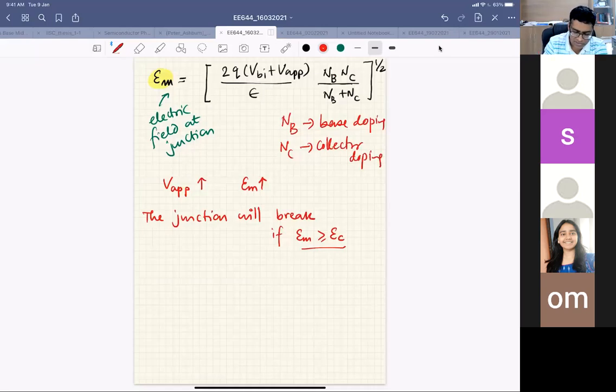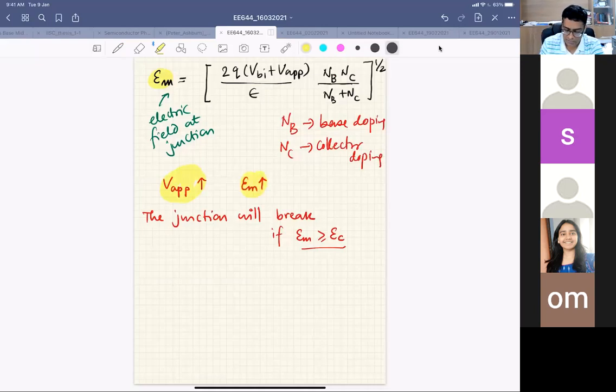So the maximum electric field, which is at the metallurgical junction, I could write by this formula, right? As you go on increasing the applied reverse voltage across this junction, your maximum field across the junction will increase.